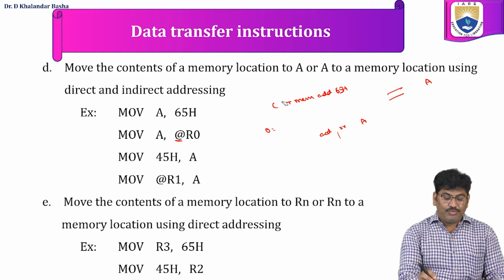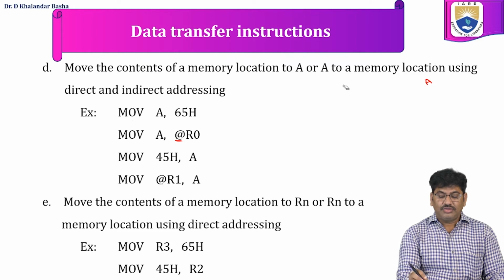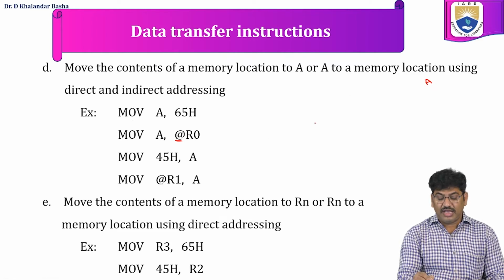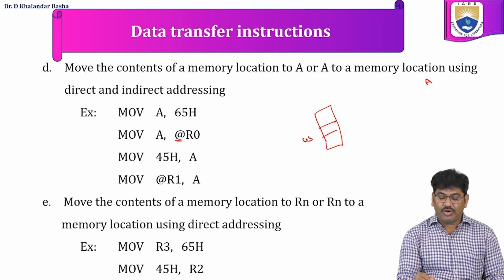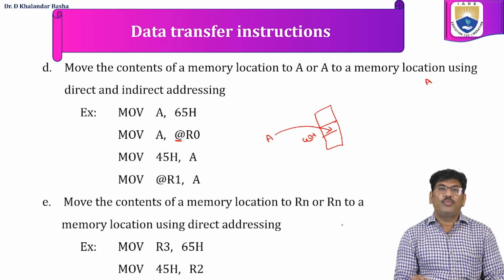The next example is MOV 45H, A. So here 45H is the address of the memory location. The target is memory location 45H. Whatever the accumulator content is, it will be copied into the memory location 45H.